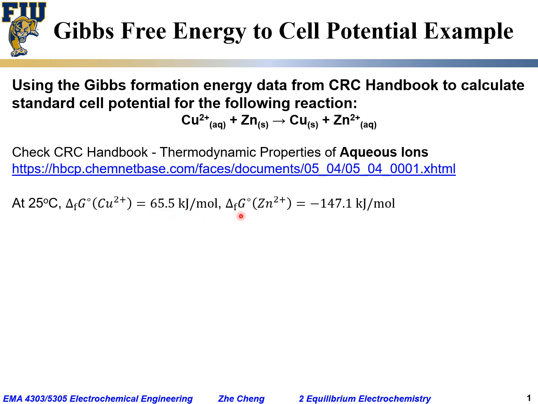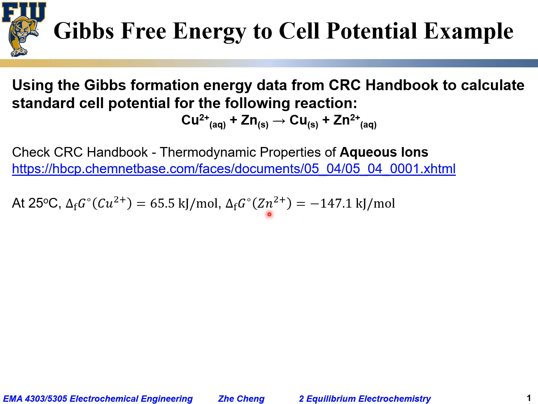On the other hand, delta f G0, the Gibbs free energy of formation of the zinc 2+ ion in aqueous solution, would be minus 147.1 kilojoule per mole. The signs are very important. Don't neglect the sign. One is positive. For zinc, it's negative.